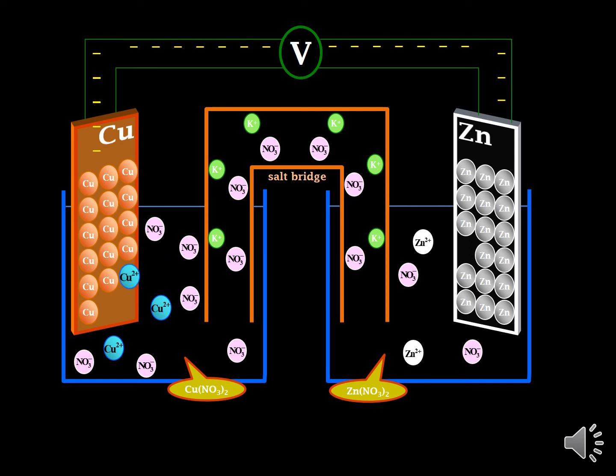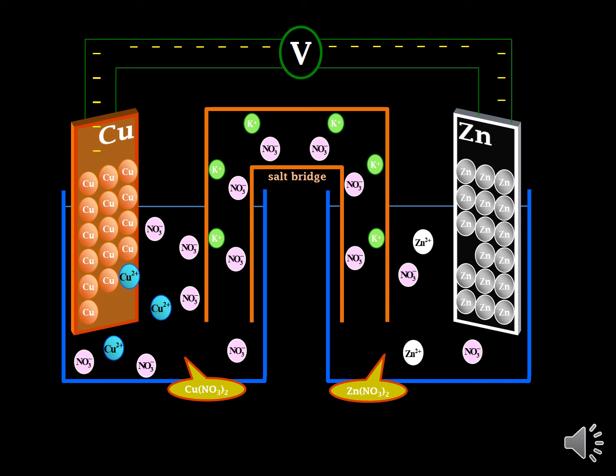Here at the copper electrode, the copper plus 2 ions from the electrolyte are moving towards the electrode, and they will gain the electrons which are coming from the zinc. As we can see here, the copper plus 2 ions from the electrolyte are moving on the copper electrode to gain electrons.